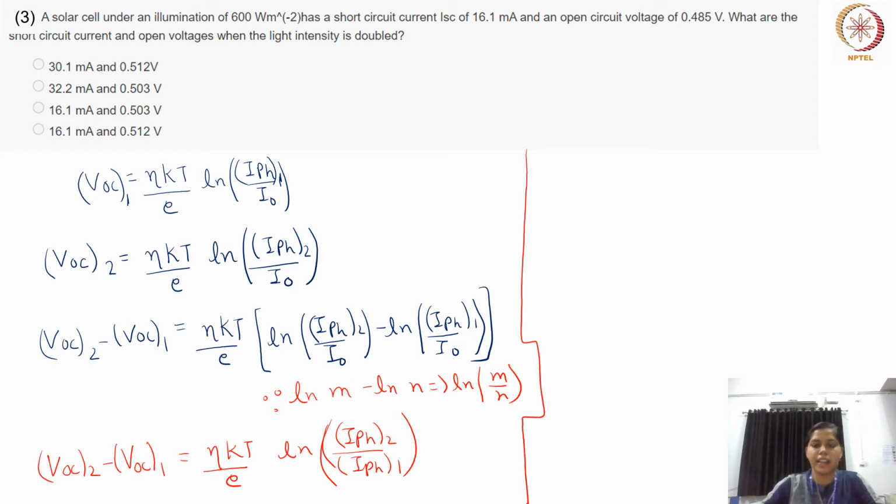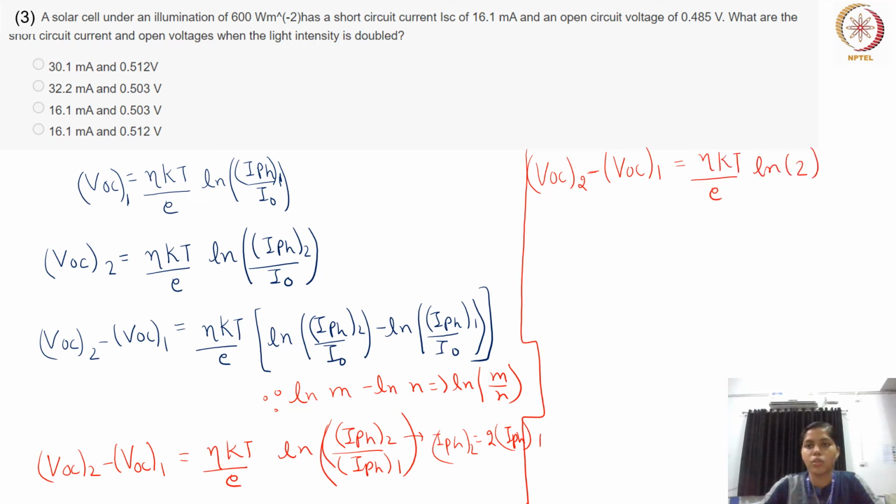Now VOC2 is what we want to calculate, and the VOC1 value is given. Just before, we calculated that IPH2 is 2 times IPH1, right? So when we put that here, we get eta KT divided by E ln of 2.